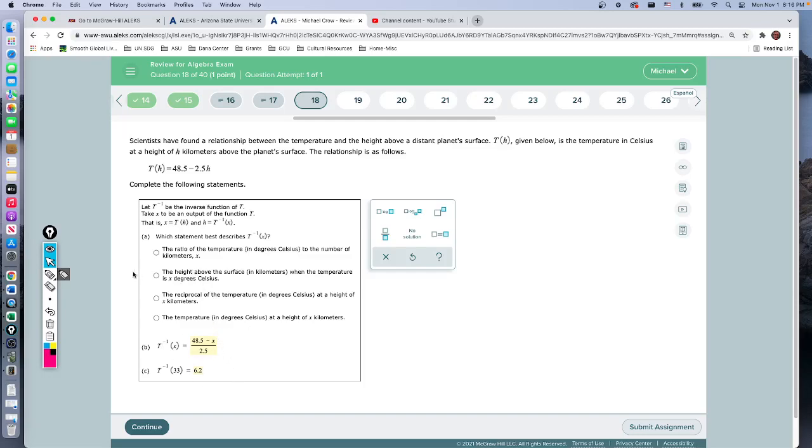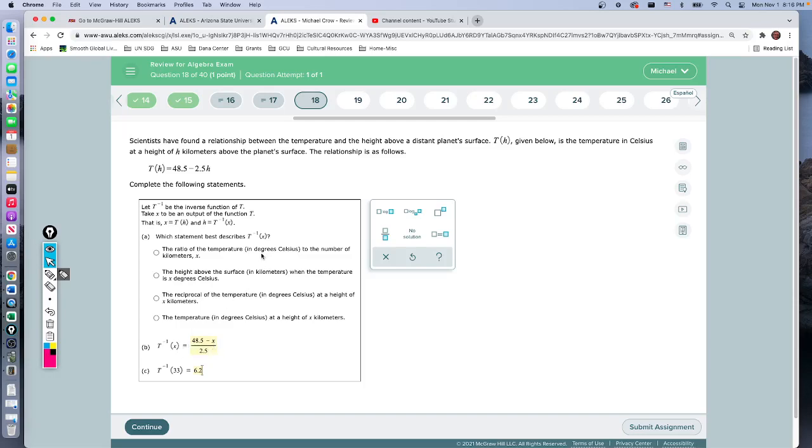Now, which statement? The ratio of the temperature in degrees Celsius to the number of kilometers x, so that best describes T inverse? Well, no, because X is not kilometers, X is a temperature.